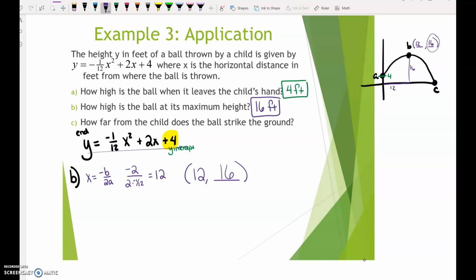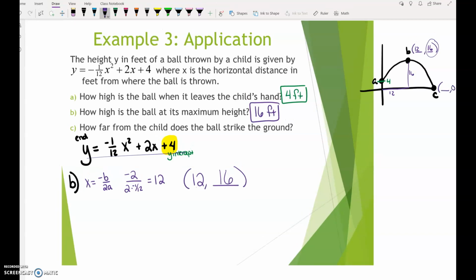How far from the child does the ball strike the ground? That's at this point. This point is going to be something, comma, 0. So that's when y is going to equal 0. We have to figure out the x. So for part C, let's use a different color: 0 equals negative 1/12 x squared plus 2x plus 4.